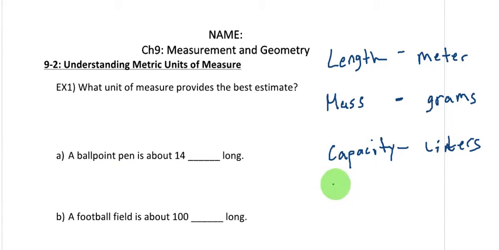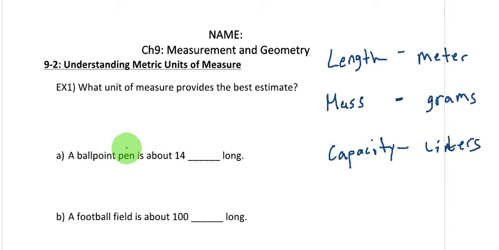Cool, let's go through solving these problems. Well, a ballpoint pen is about 14 of these units long. Well, long is telling us we're looking at length, and we need to ask ourselves, if we had a meter stick, would a ballpoint pen be about 14 meters long? No, it's not meters long, so let's think about other benchmarks we could use.